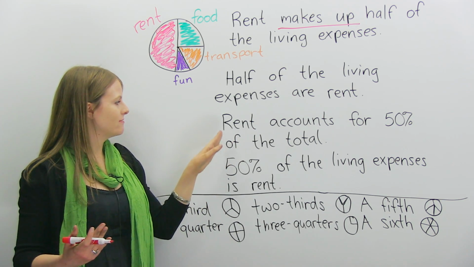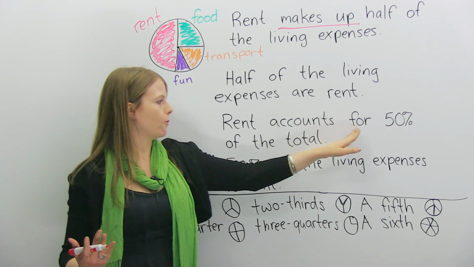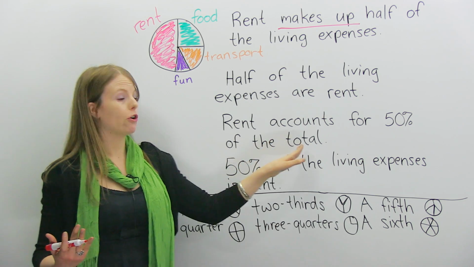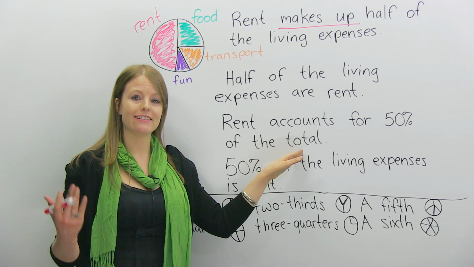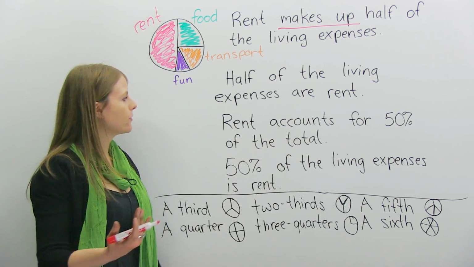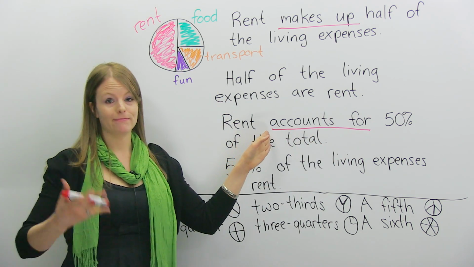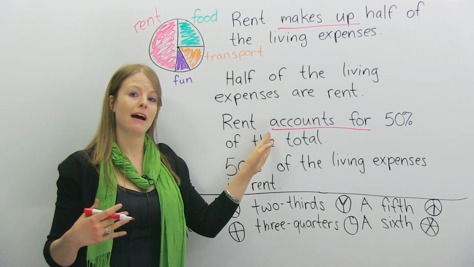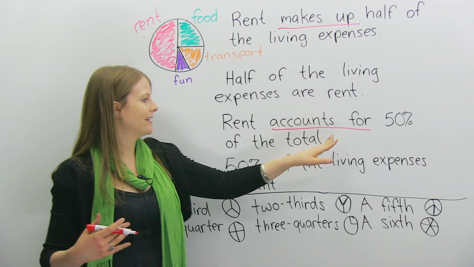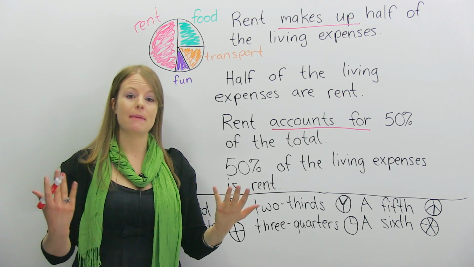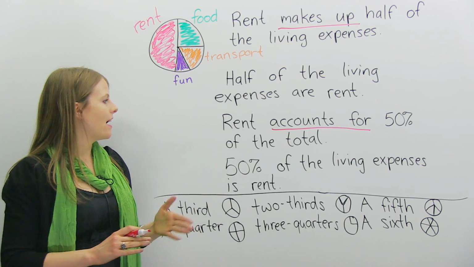We can also say rent accounts for 50% of the total or 50% of the living expenses. Again, we have a really nice verb that's great whenever you're describing a pie chart: accounts for. It means the exact same as makes up, okay?